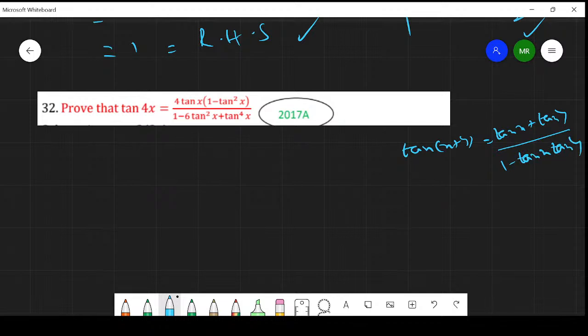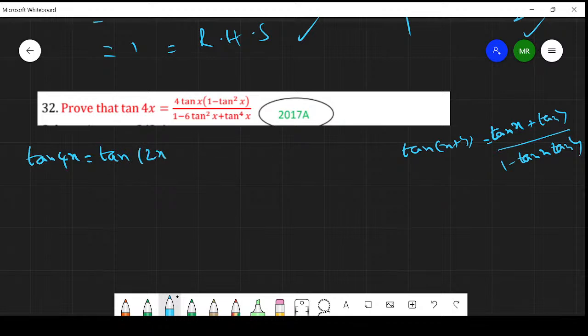Tan of x plus y is tan x plus tan y by 1 minus tan x tan y. Tan 4x is given, so take tan 4x. To understand, I can write tan 4x as tan of 2x plus 2x.